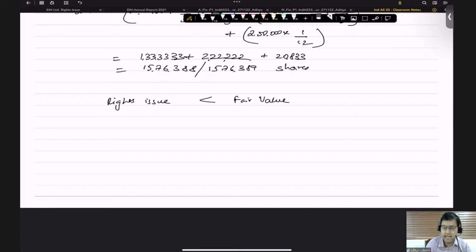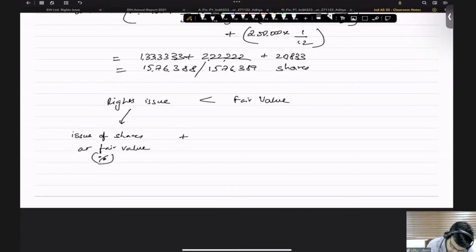That means, can I say that a rights issue is nothing but issue of shares at fair value, some percentage, and issue of shares without consideration, which is also a percentage.